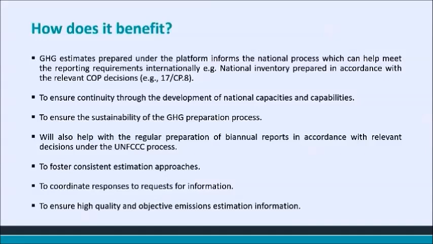It also helps in building national capacities and capabilities by bringing out the improvement areas in the inventorization. It also helps with the regular preparation of biennial reports in accordance with the relevant decisions under the UNFCCC process. As has already been mentioned, GHG Platform India and its analysis have been recognized in the second BUR of India, which is an official submission by the Government of India to UNFCCC.